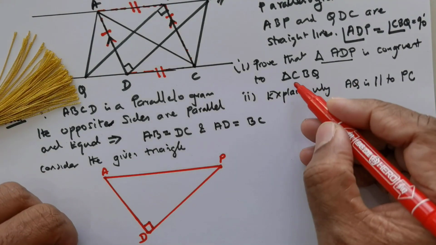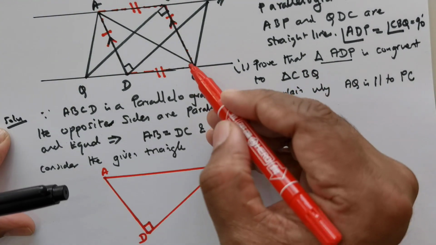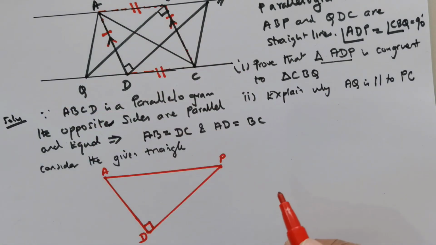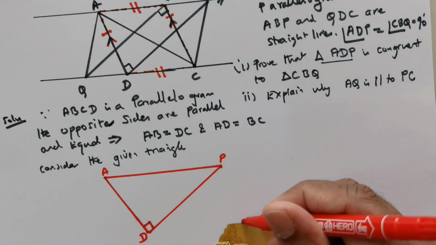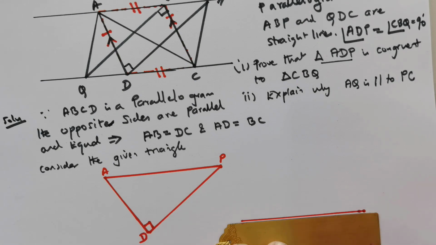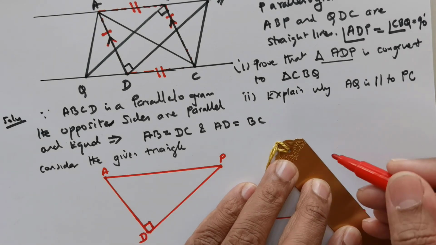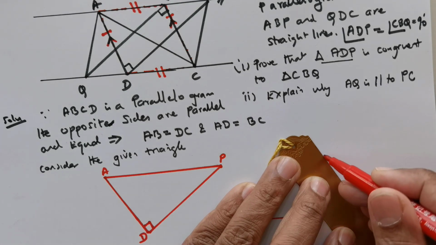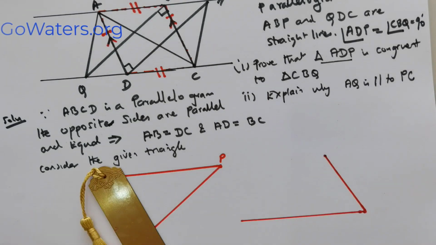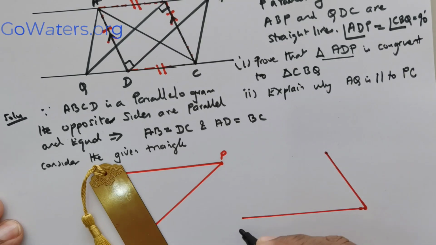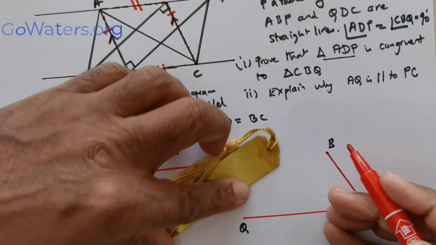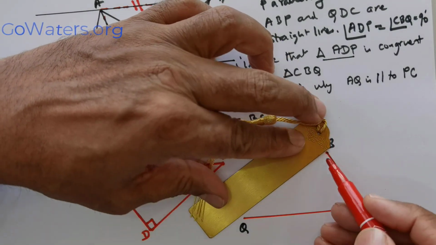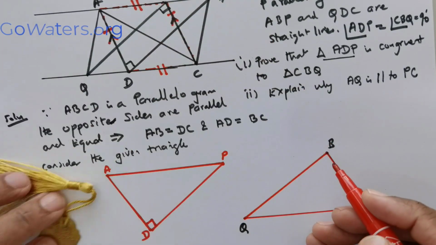And let me also draw CBQ. We got a C and a B and a Q. So foremost, I have to start with Q and C. So I've got a Q, I got a C, I got a B. And they get connected, right?